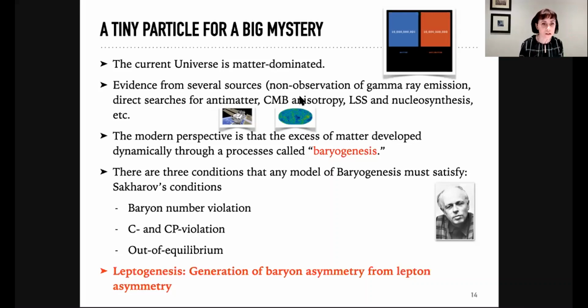So three conditions were postulated by Sakharov a few decades ago, and it is currently accepted that the conditions in order to have this baryogenesis are, first, that there must be a process that violates the baryon number. So what do we mean?